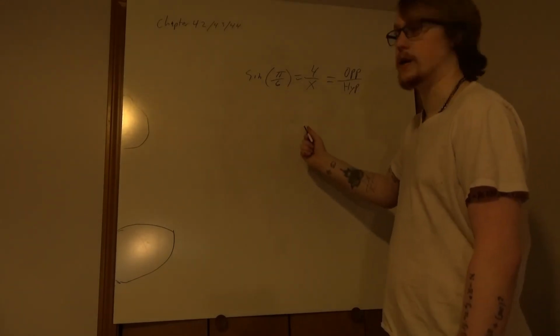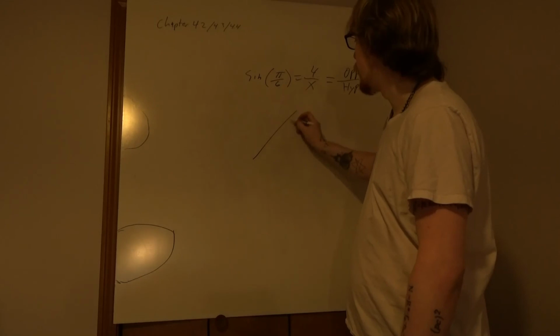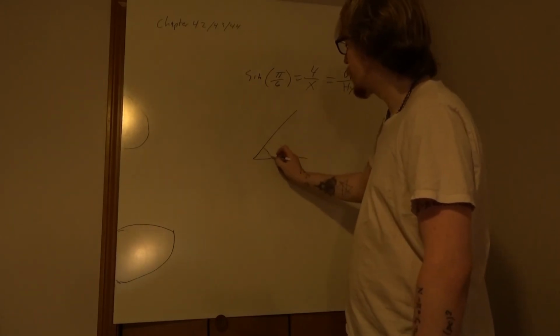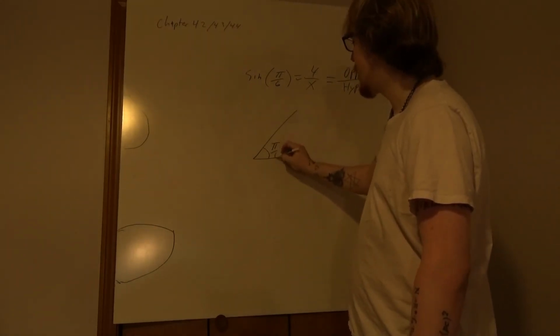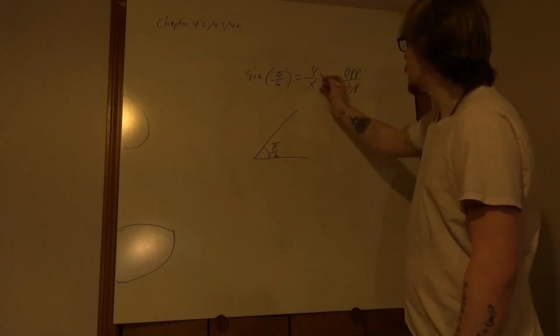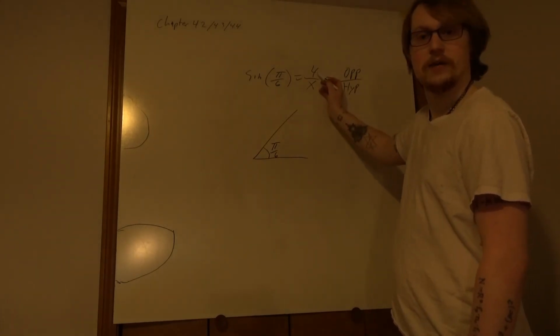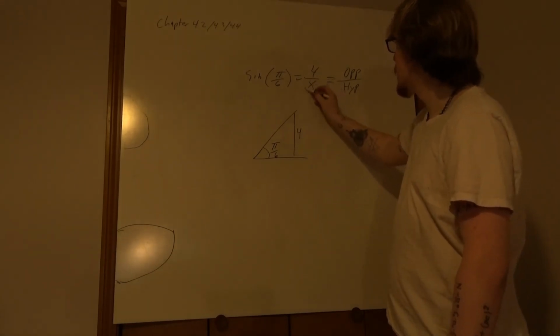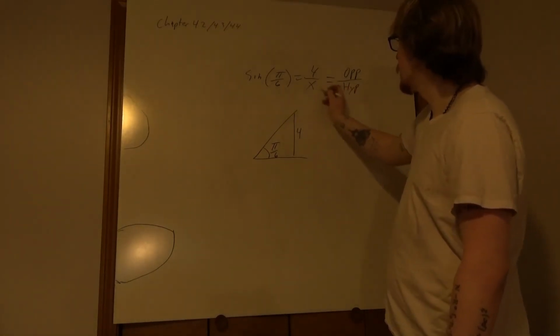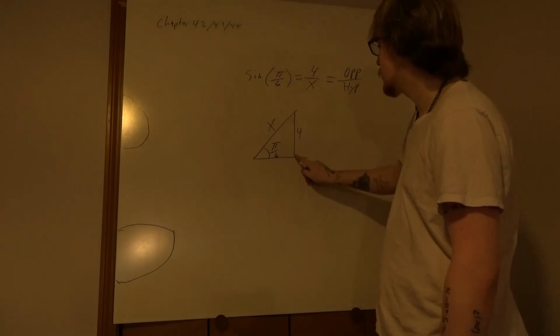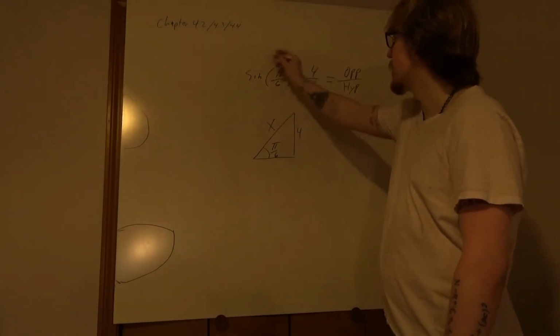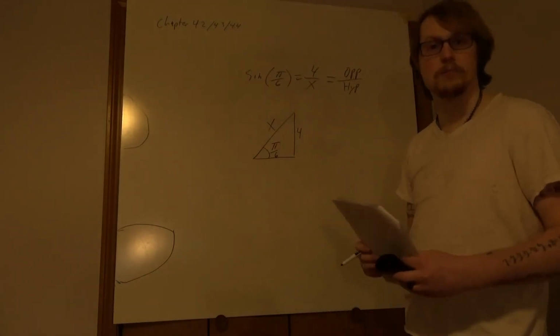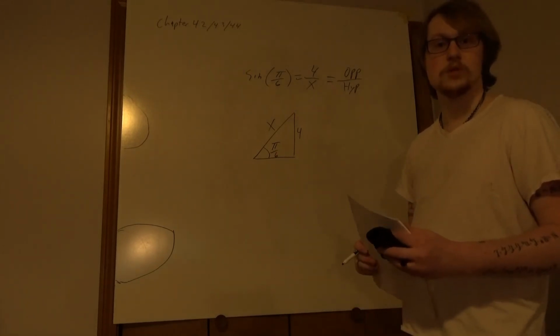So what this is telling us is in a triangle with this angle, pi over 6, the opposite side has length 4, and the hypotenuse has length x. This is how you would translate this equation into a particular triangle.